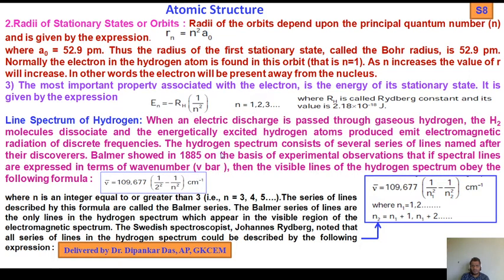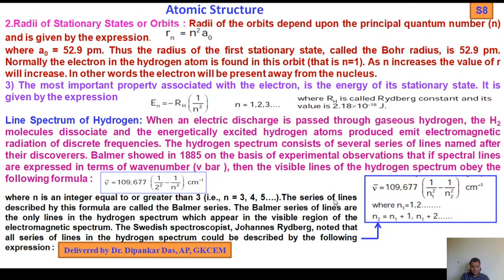Balmer showed in 1885, on the basis of experimental observation, that if spectral lines are expressed in terms of wave number, nu bar, then the visible lines of the hydrogen spectrum obey the following formula: nu bar equals 109677 times (1 by 2 squared minus 1 by n squared) centimeter inverse, where n is an integer equal to or greater than 3, that is n equals 3, 4, 5.